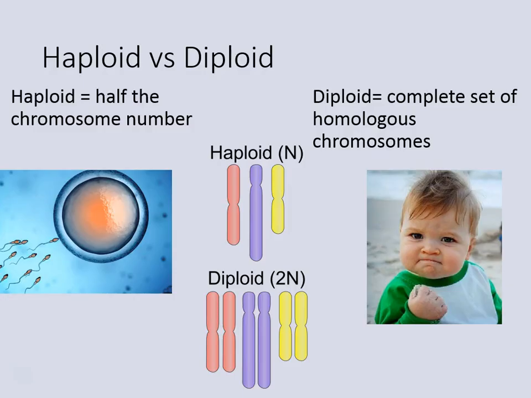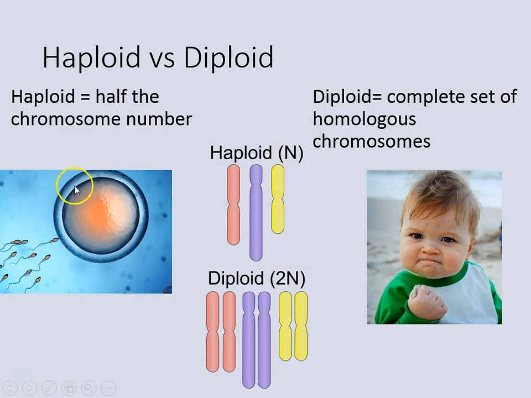Another set of terms that come up when we talk about chromosomes is haploid versus diploid. If you look here, this represents a haploid chromosome set, and this represents the diploid. Here you've got 1, 2, 3 chromosomes, so we would say the haploid number is 3.